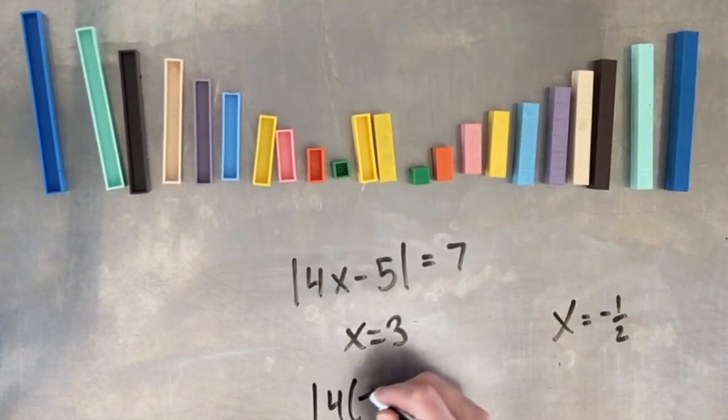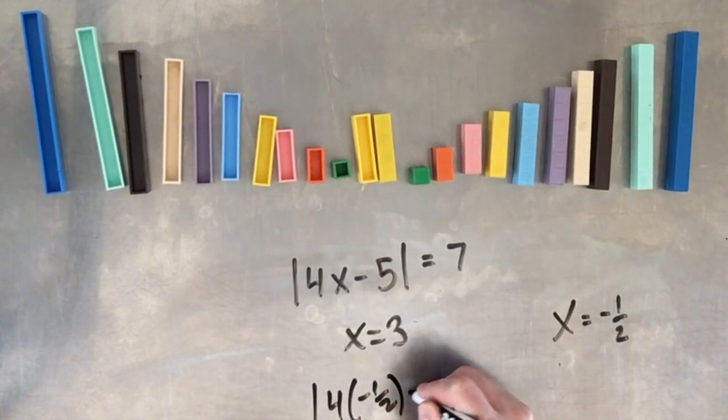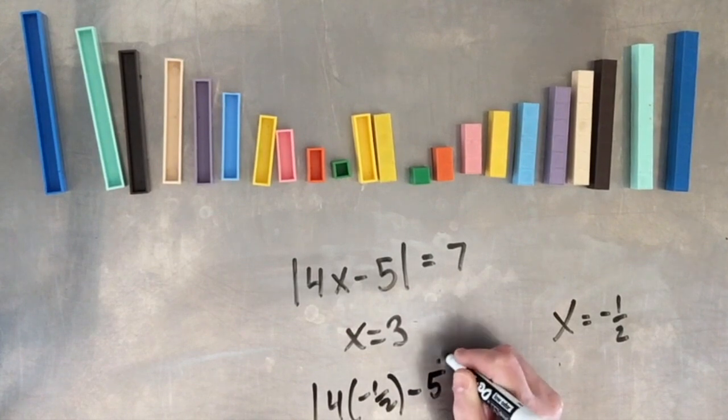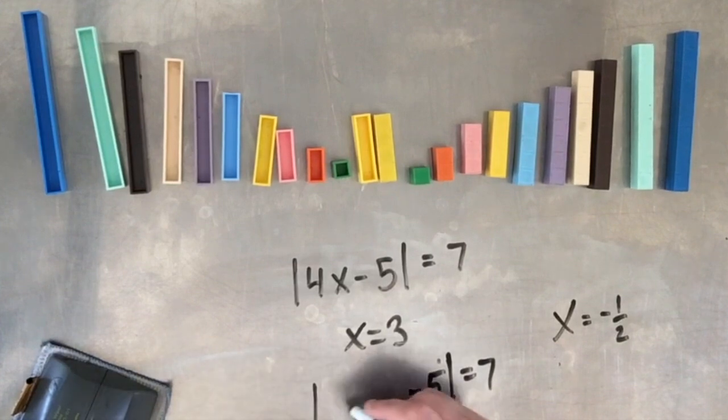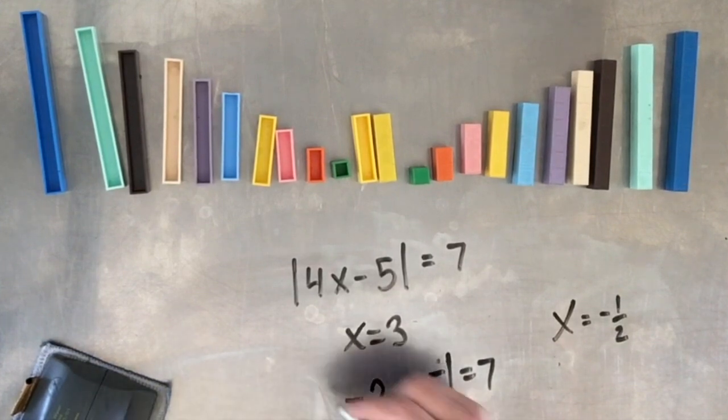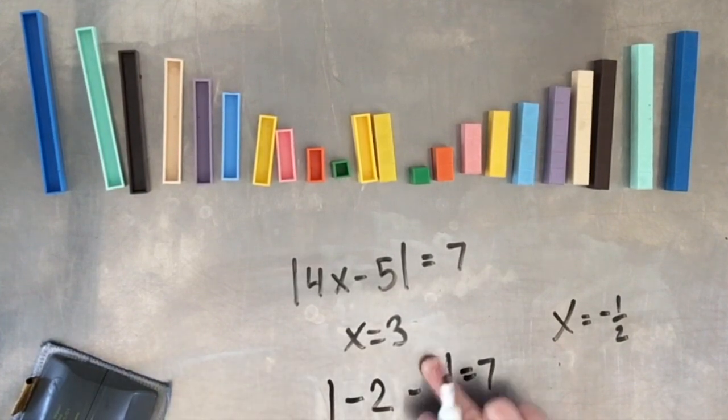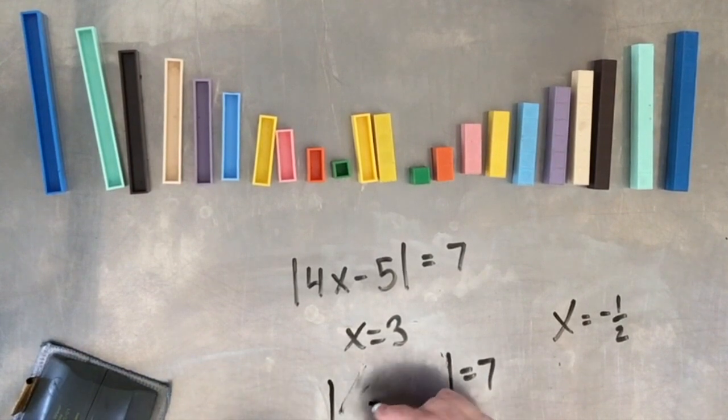Let's put in x equals negative 1/2. So 4 times negative 1/2 minus 5. And 4 times negative 1/2 is just 4 negative halves, which is negative 2, minus 5, which really is negative 7.